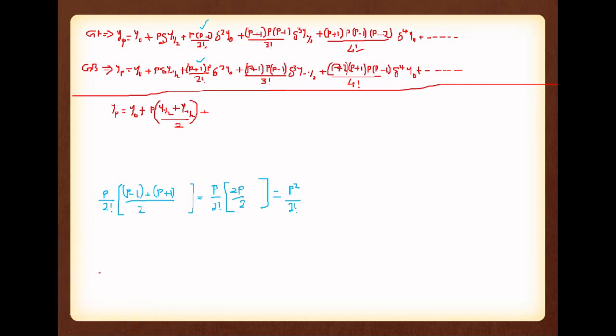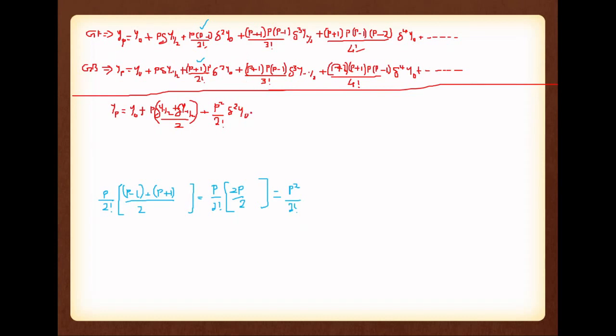So we can write the next term as p square divided by 2 factorial into theta square y0. Please note, here theta square y0 is common. Here we have p into theta y1 by 2 plus theta y minus 1 by 2 divided by 2, plus p square by 2 factorial into theta square y0. I forgot to write that earlier.